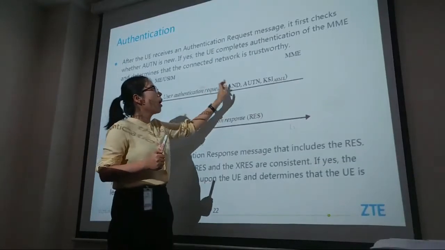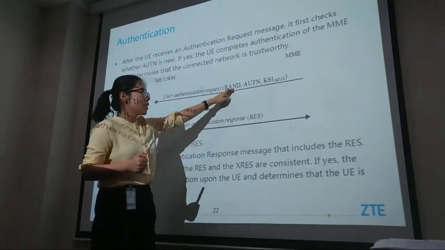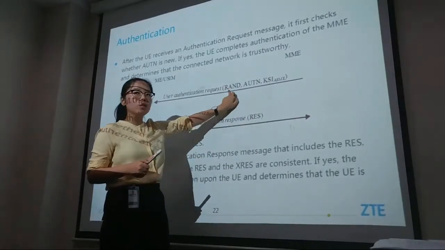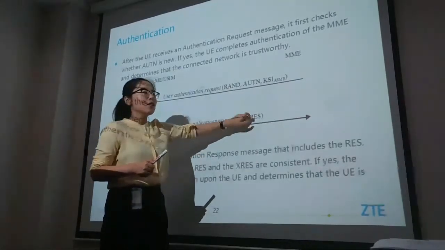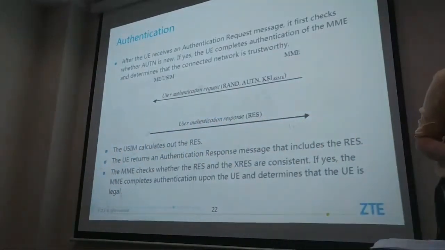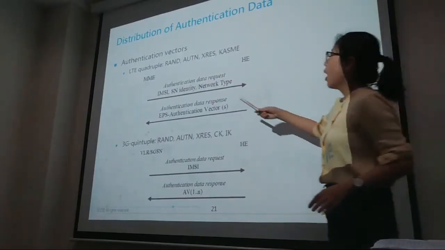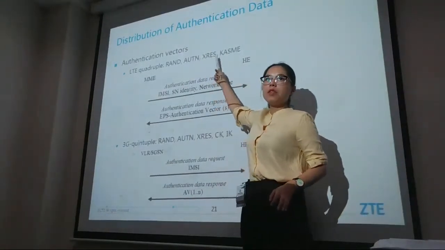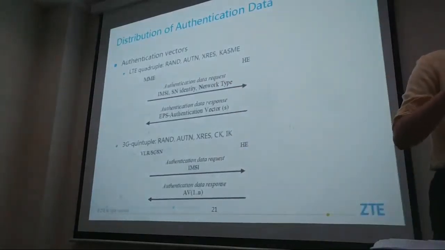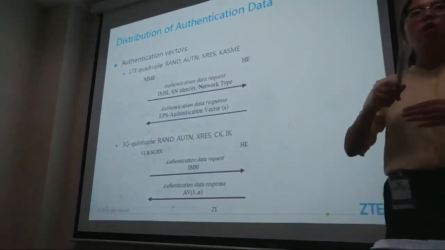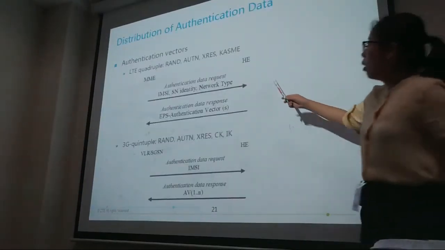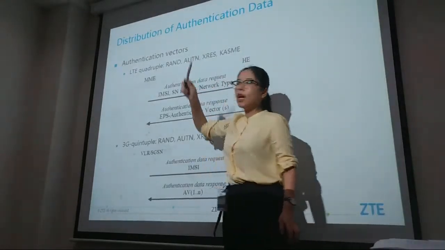The UE uses this random value to generate the RES. This RES is sent to the MME, and if it is the same as the XRES, that means this UE is okay. The MME has authenticated the UE. We also send the AUTN to the UE.